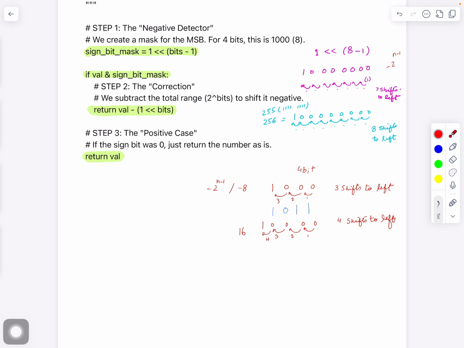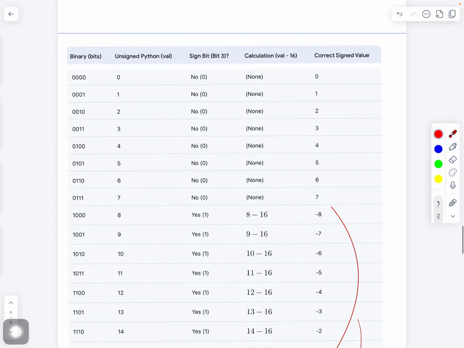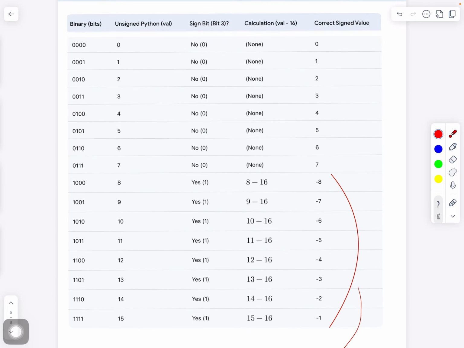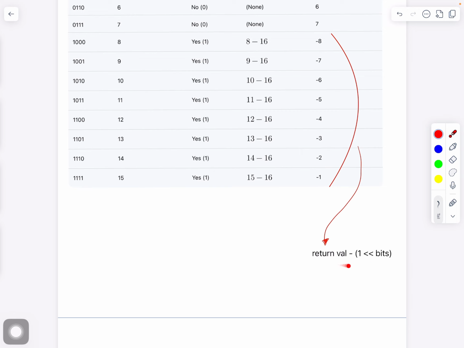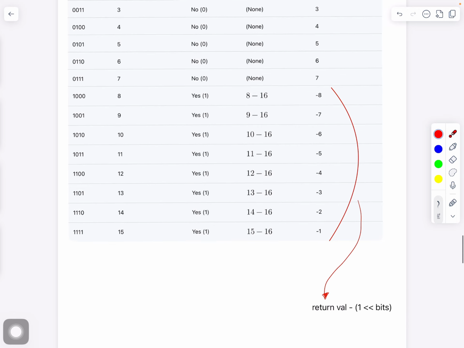Once we figure out it's a negative number, we are into this branch and we want to convert it. The value is 1, so whatever this value is, minus this number. For 4 bits this number is 16, but how is it computed? It says shift left 1 by these many bits.